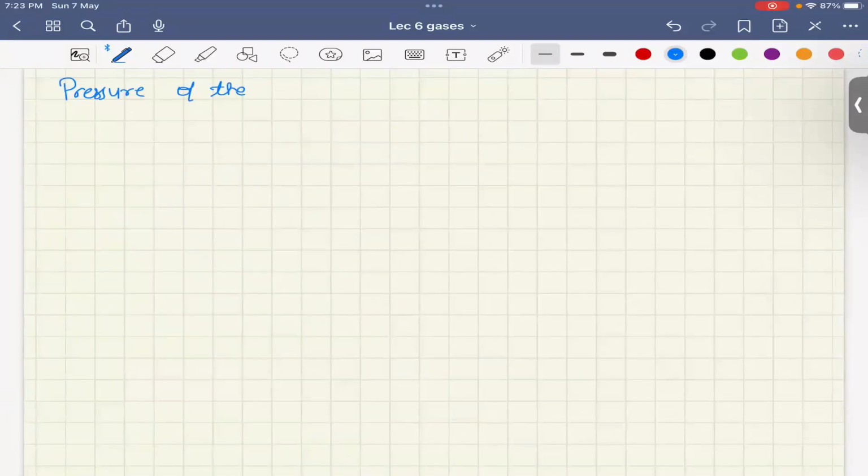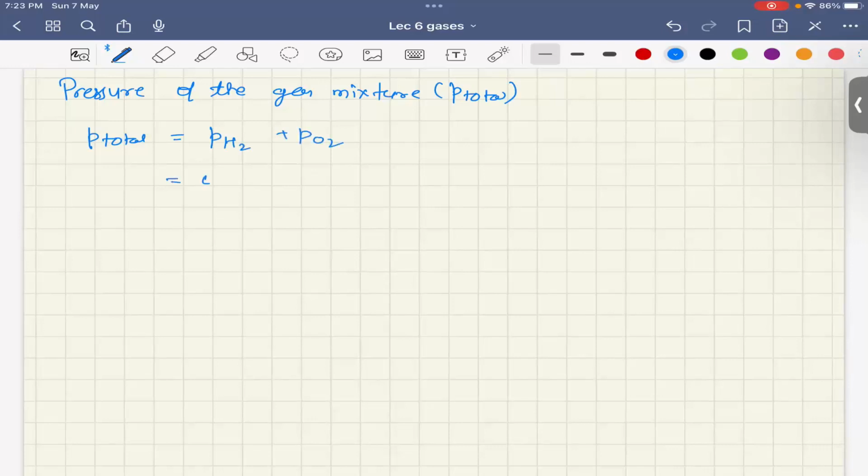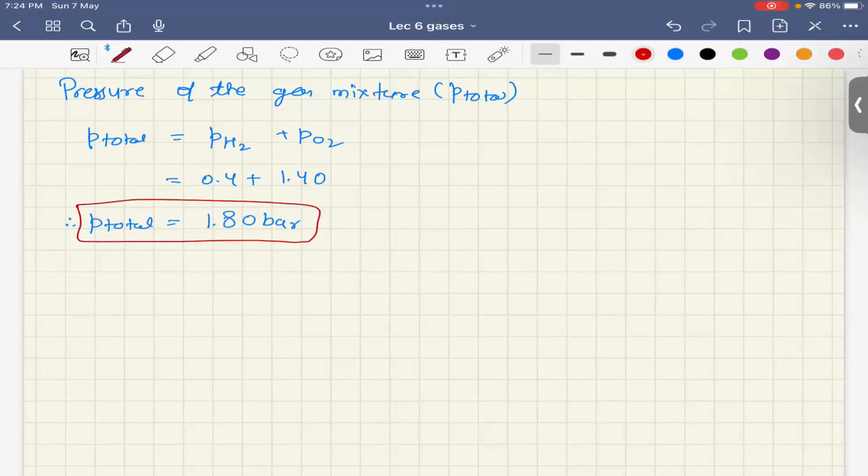Hence the total pressure of the gas mixture, denoted as P total, is given by the partial pressure of hydrogen plus the partial pressure of oxygen, which we just calculated: 0.4 bar plus 1.40 bar. Therefore, the total pressure is going to be 1.80 bar.